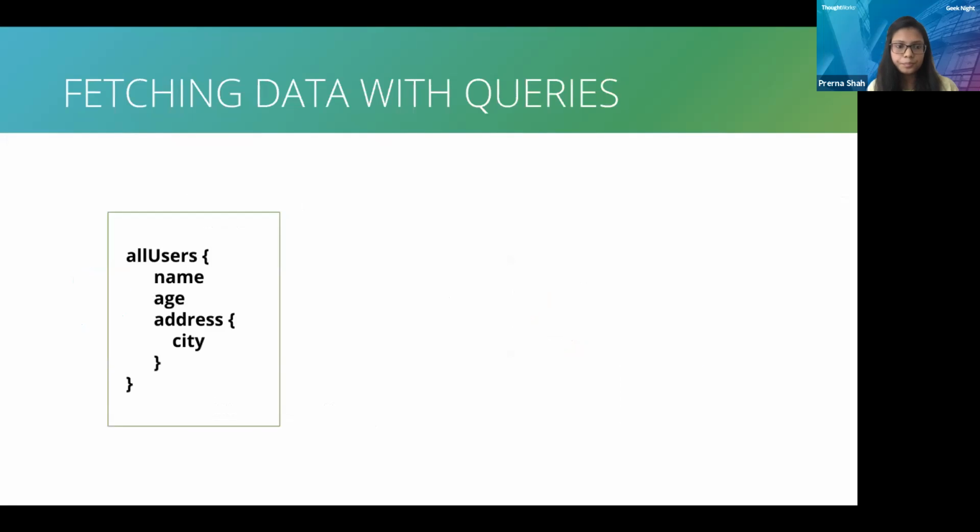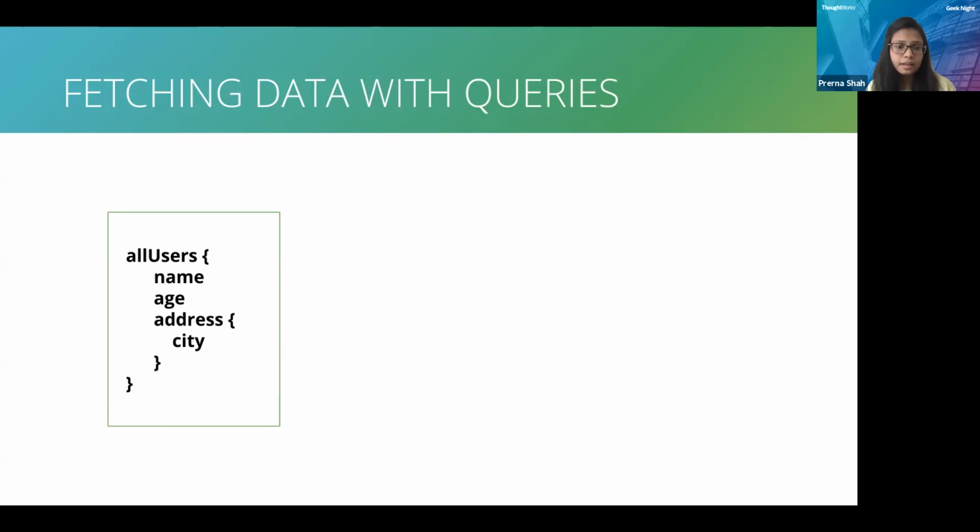Okay, so moving forward, we can see that other than the primary fields like name, age, email, we can also fetch some of the complicated objects using just this query. And within that object, we can exactly specify which fields I as a client am interested in.